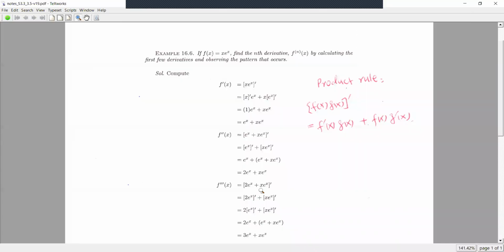Take the derivative again. By the summation rule, we have this equation. Move out the constant 2. We then have this equation.